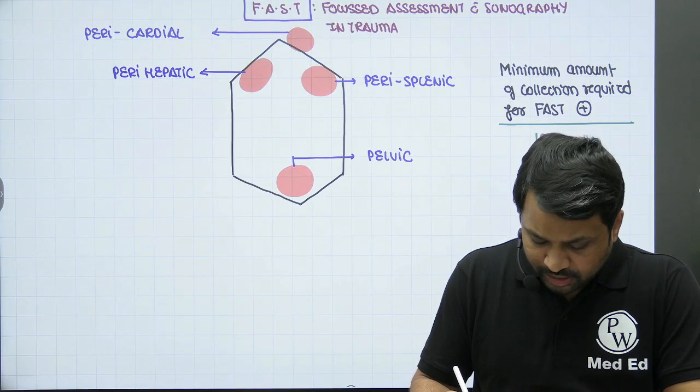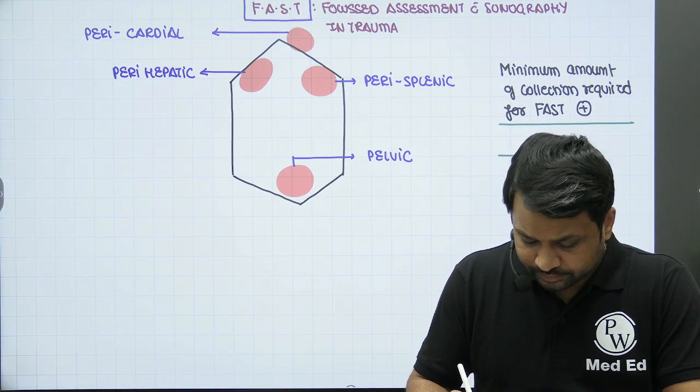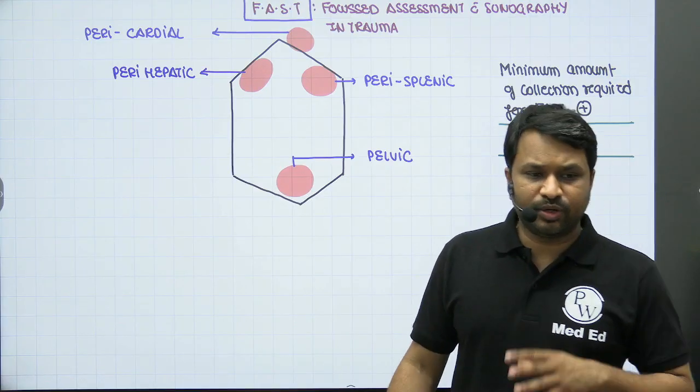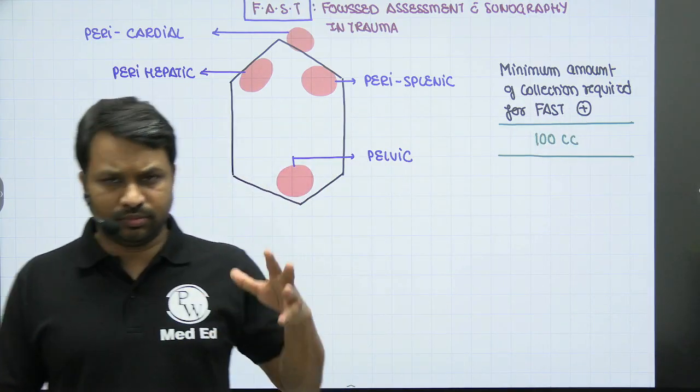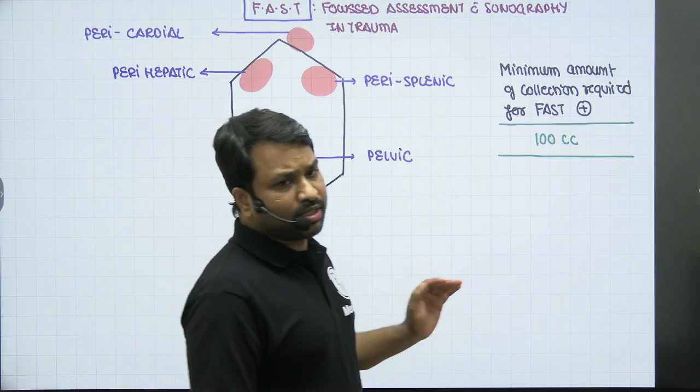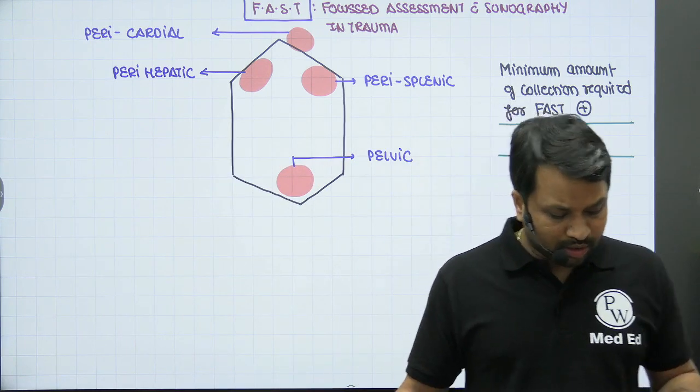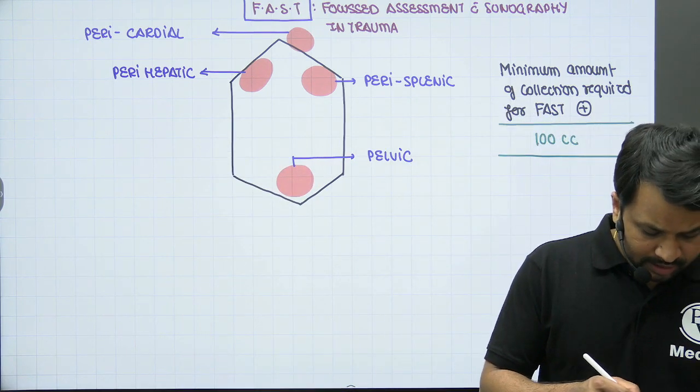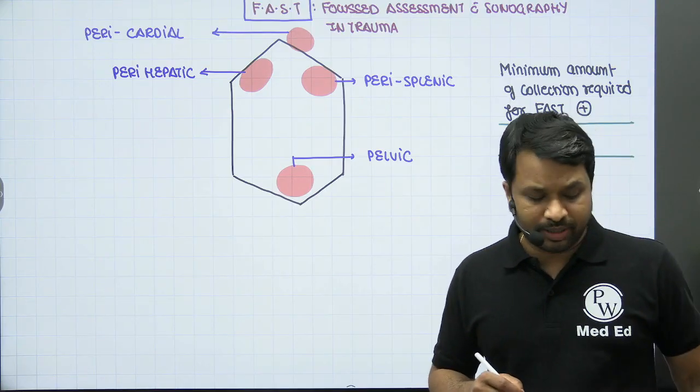It is going to be 100 cc. Less than 100 cc, it will not give you a good sensitivity. More than 100 cc of collection, it can immediately or eventually pick it up, right?